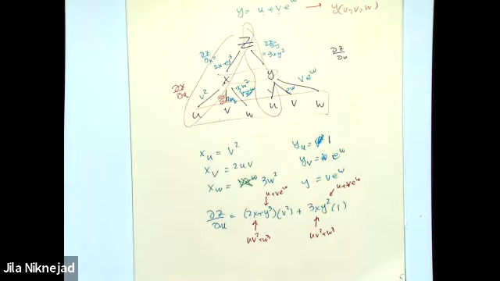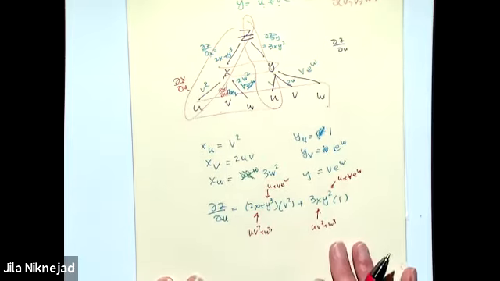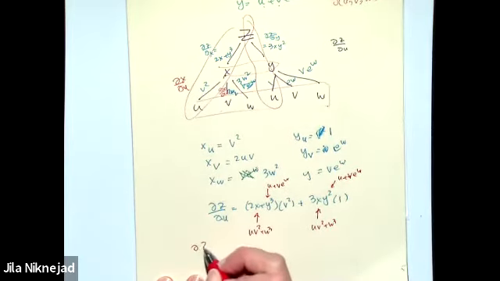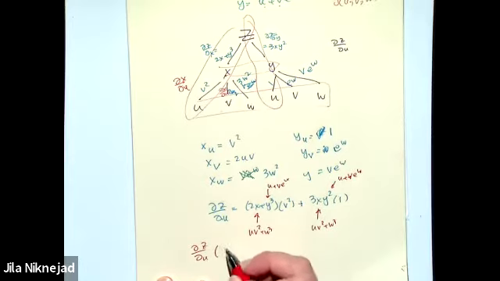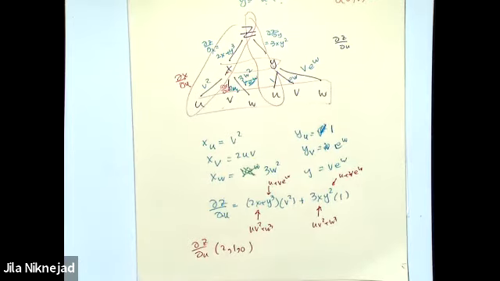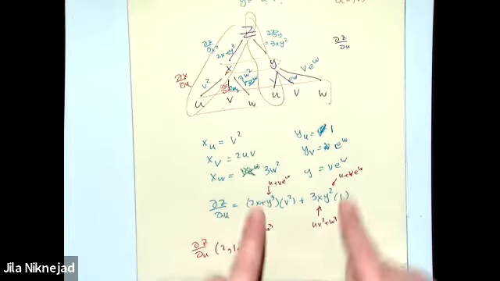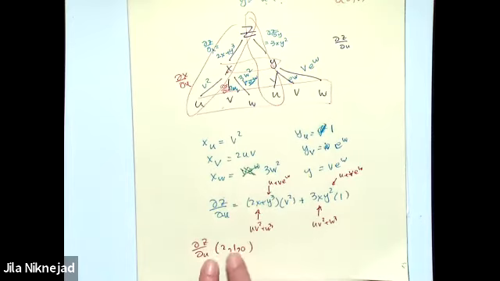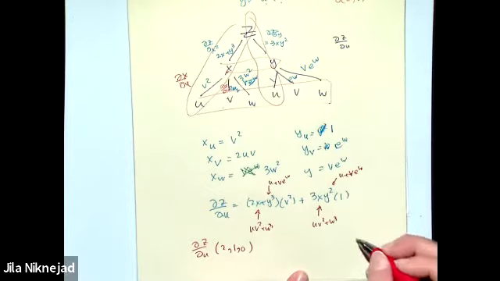But this is asking for more. It's asking to find that at the point 2, 1, and 0. Am I right? Yes. So this is getting messy. If there is a point given, it makes it a lot easier if you find x and y for that point. So let's find x and y for that point.